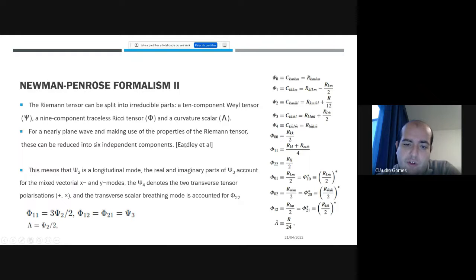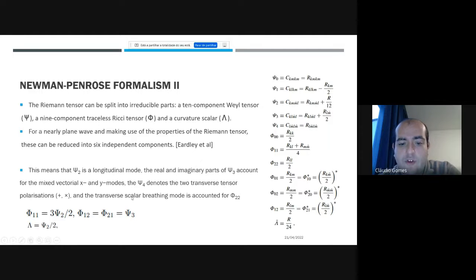So by the results of Eardley et al., they found that from those 6 independent components, the non-vanishing and linearly independent ones are psi2, which corresponds to a longitudinal mode, the real and imaginary parts of psi3, which accounts for mixed vectorial x and y modes, and the psi4, which denotes the 2 transverse tensor polarizations, plus and cross, as we have seen for general relativity.